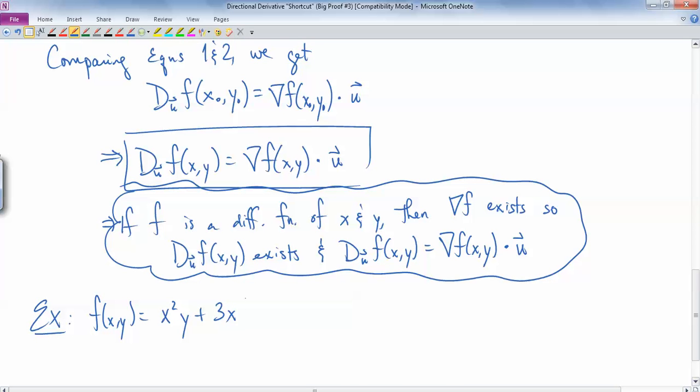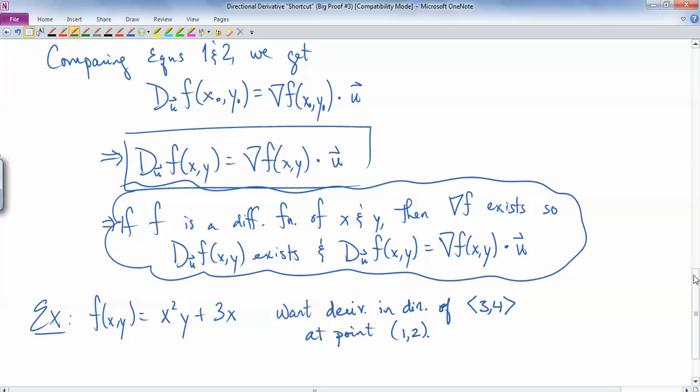Okay, and let's say that I want to find the derivative in the direction of the vector 3, 4 at the point, let's say 1, 2.